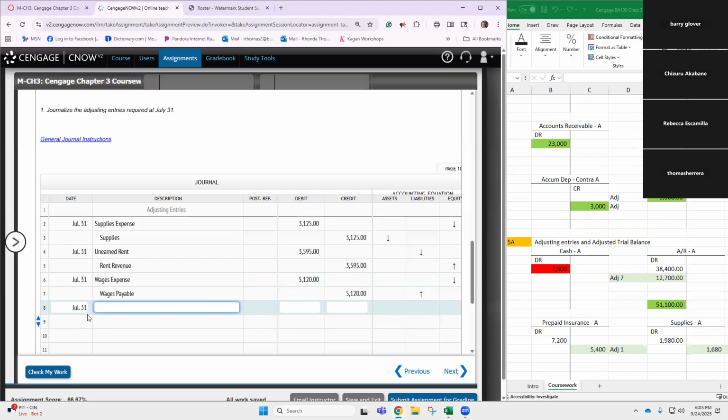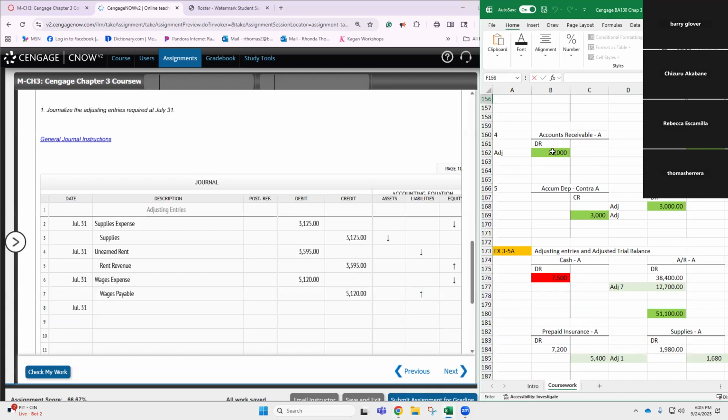So this means we need to send some bills to customers. How much? We are going to send out bills of, so let's put accounts receivable and fees earned as the two accounts that we're going to analyze. 31,450. So they just told us what it is. We didn't have to figure it out.